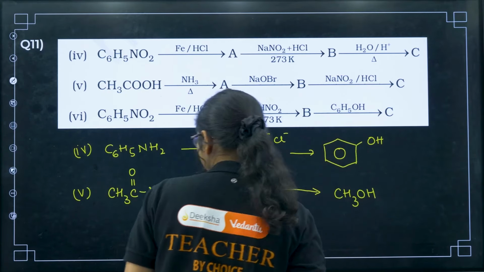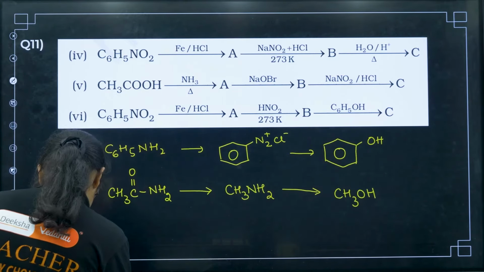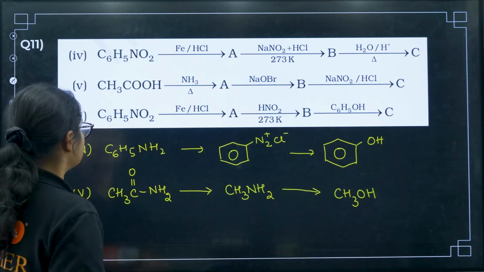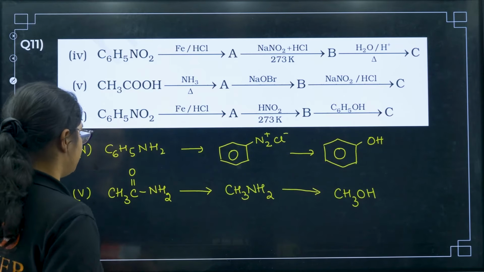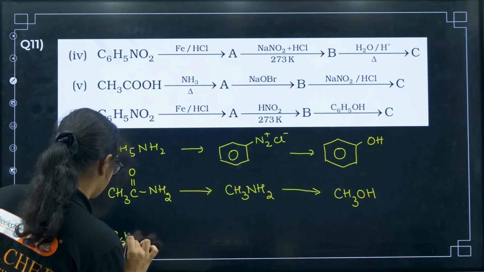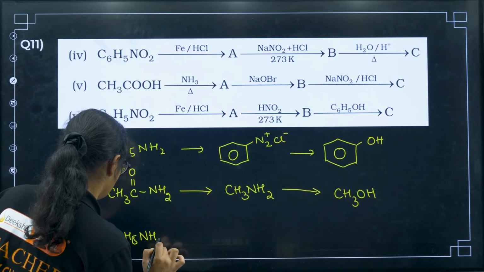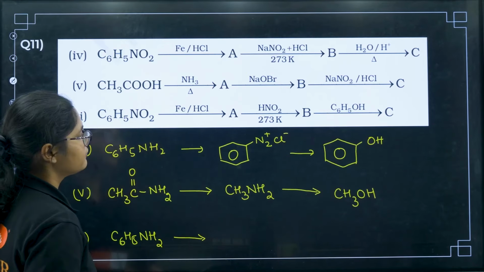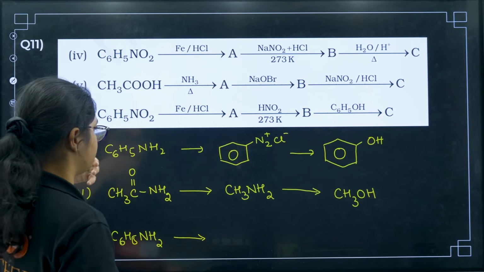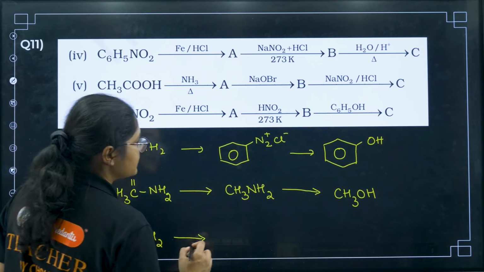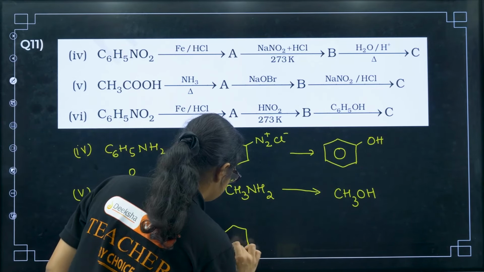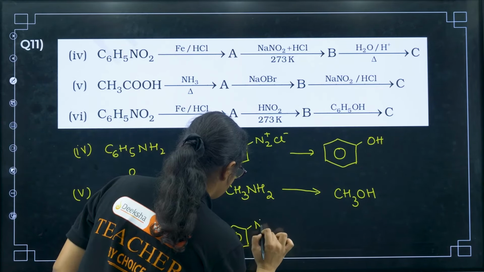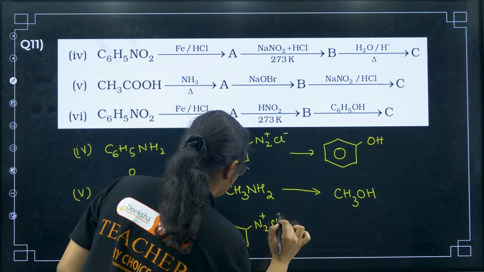Okay. Next, the sixth one here is C6H5NO2 and Fe/HCl. So it is C6H5NH2. Okay. After that we have HNO2. If you treat it with this one, it will give you N2+ and Cl-. So we will get N2+ and Cl-.